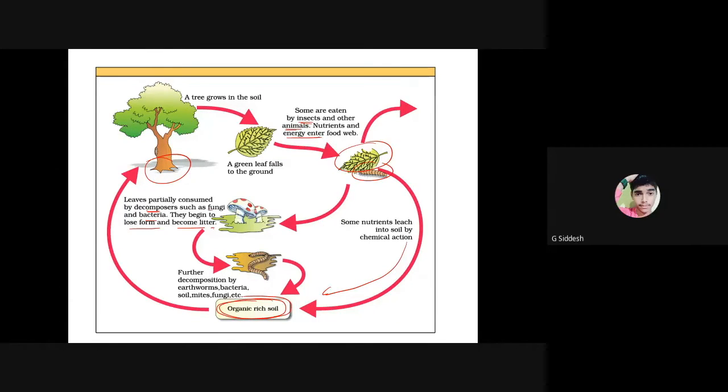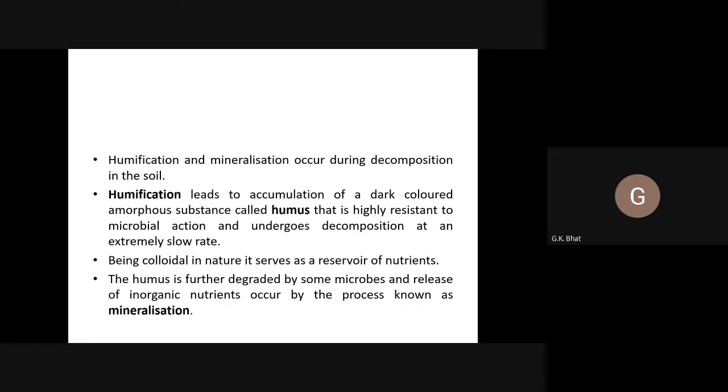Siddesh, Vishwa. Yes, sir. So, humification and mineralization occur during decomposition in the soil. We have seen so far fragmentation, leaching, catabolism, then humification.